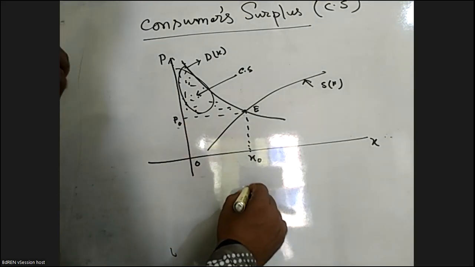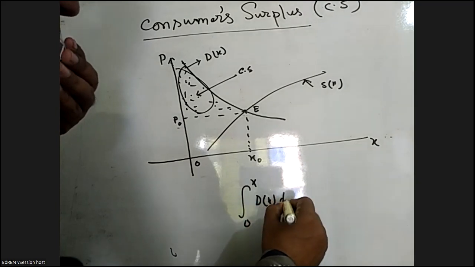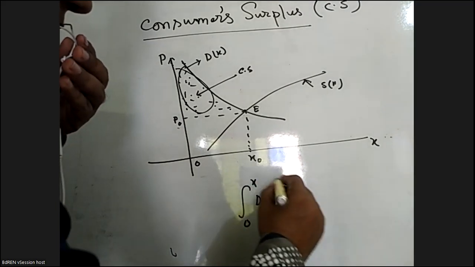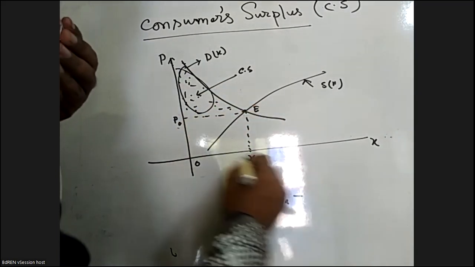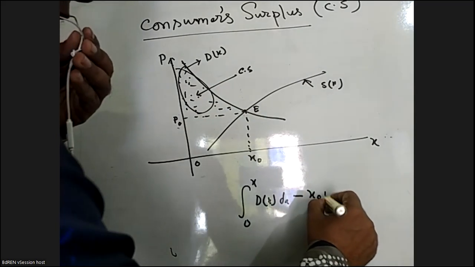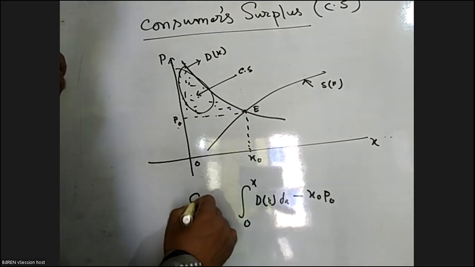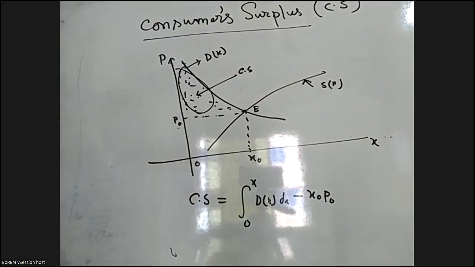So integrate the demand function with respect to x from 0 to x naught, minus the area of this parallelogram, x naught p naught, and that will indicate consumer surplus. This is the formula for consumer surplus.